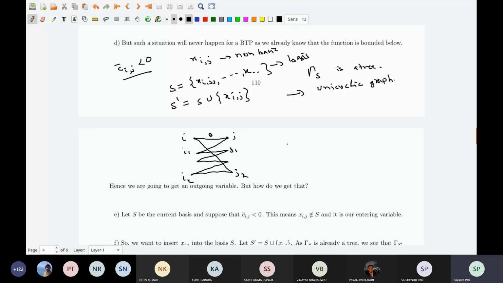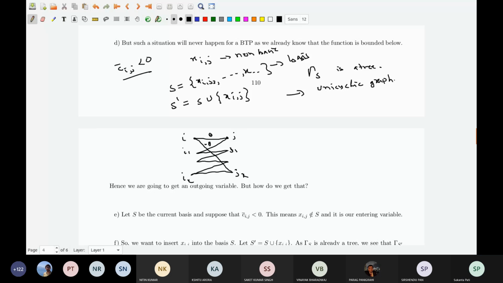So all the transportation going out of the source I, that total was Ai. If you just increase this one to theta, somewhere you have to adjust that. So the idea is you adjust this theta from this I to Jk. So here, whatever it is, you make minus theta.